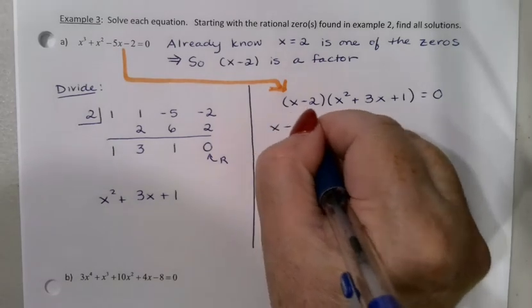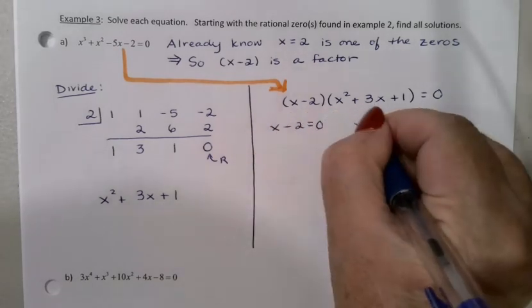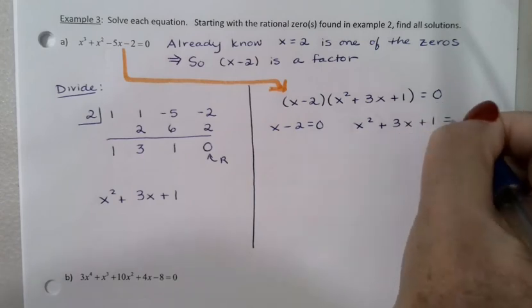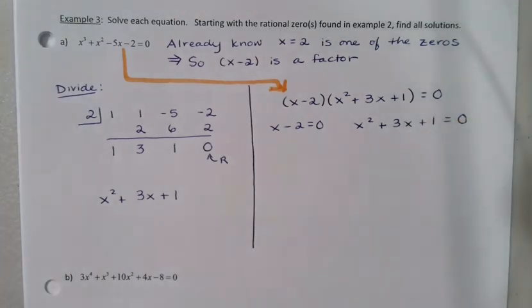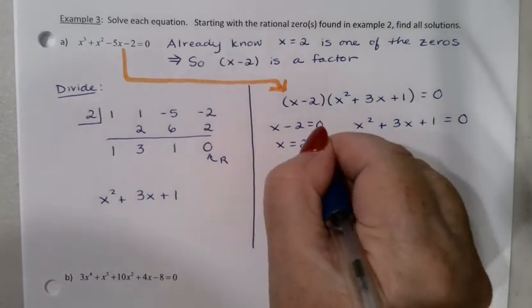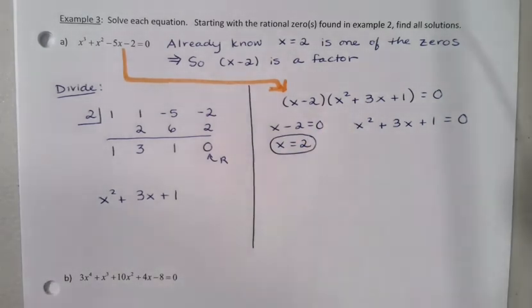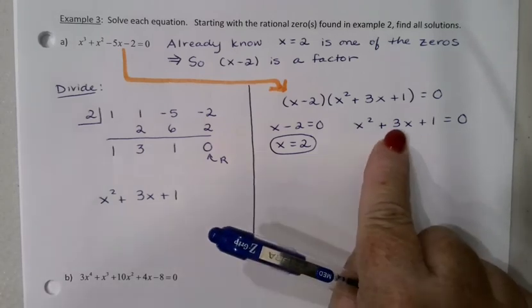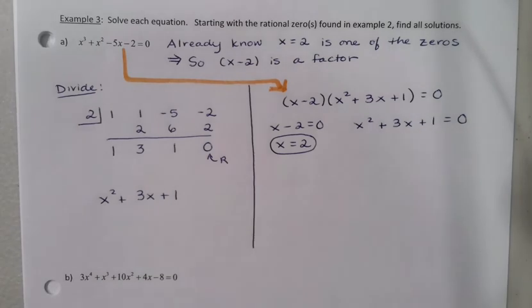So either x minus 2 equals 0 or x squared plus 3x plus 1 equals 0. X equals 2 we already knew, but it comes out of the process. And then here, a sum of 3 and a product of 1, definitely not factorable.